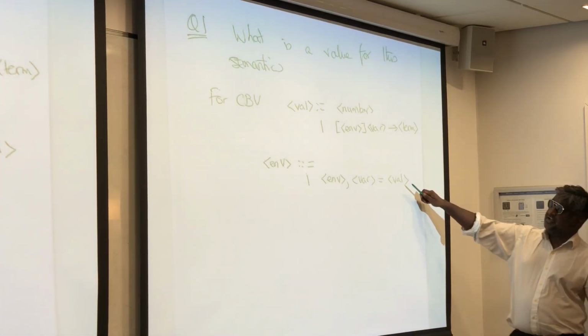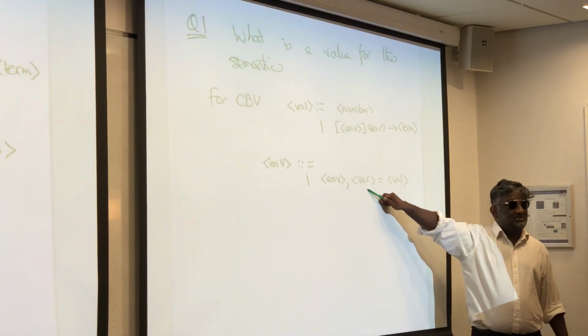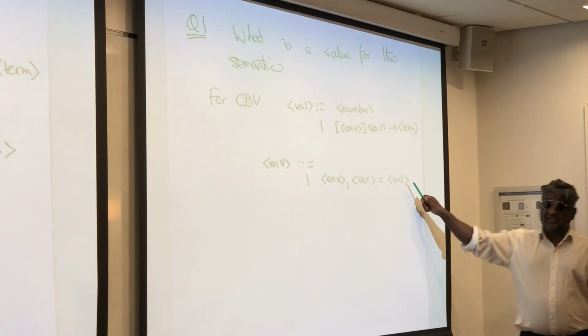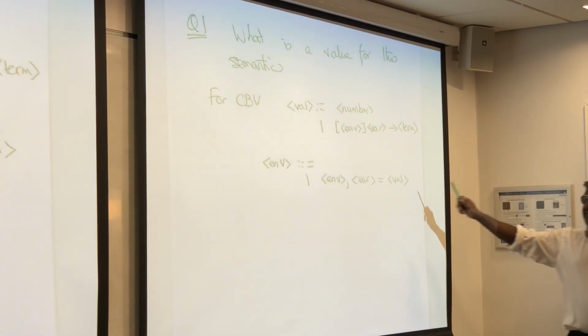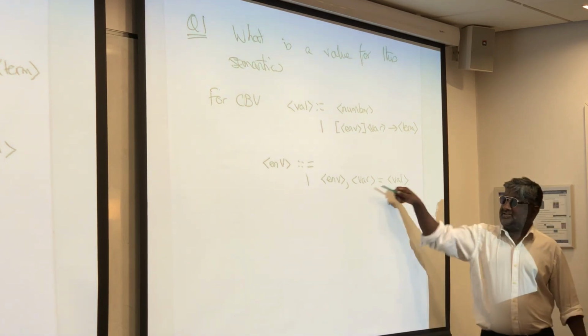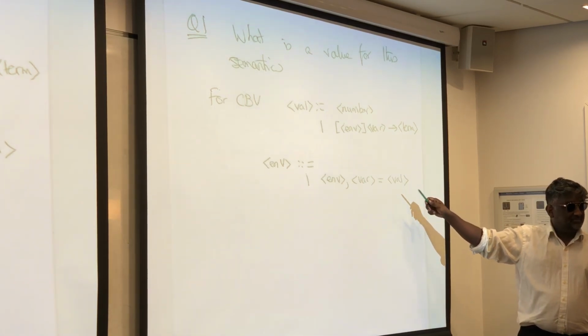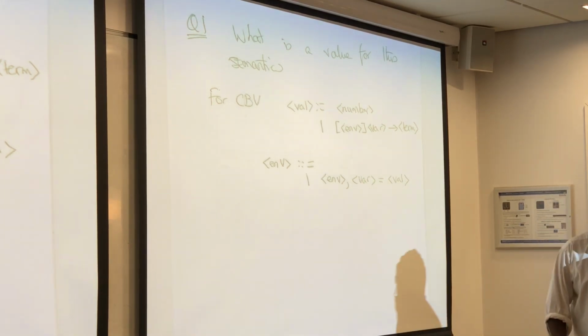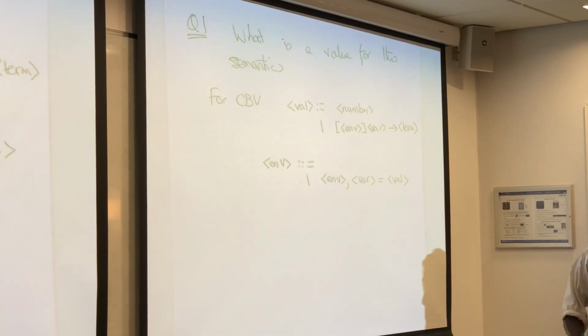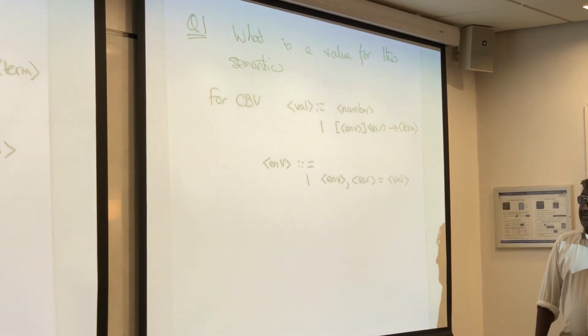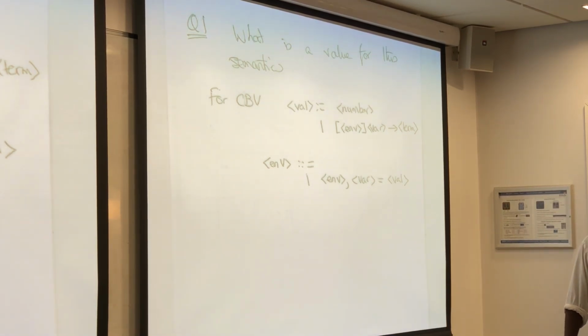This is why it's called by value, because the variables in your store are given values. They're not given arbitrary terms, only values. So you couldn't put x equals 5 plus 2. That would not be an environment, because 5 plus 2 is not a value. That's what forces us to evaluate stuff before we can put it in an environment.